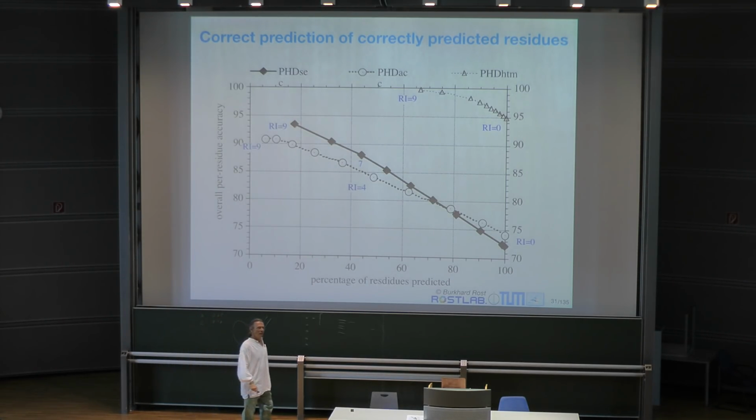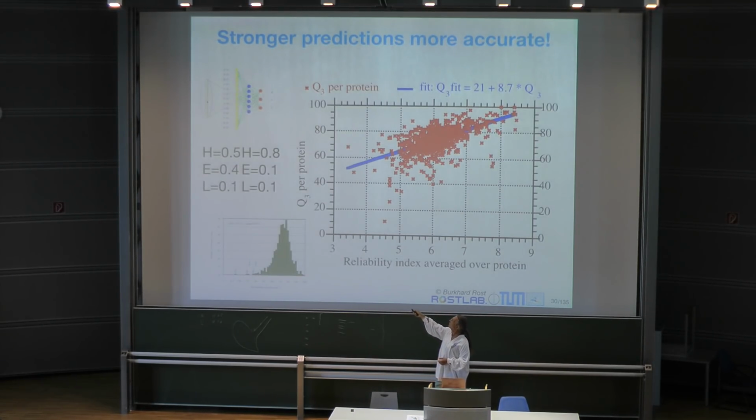Okay? So the strength of the prediction, the probability of the prediction, almost a straight line, completely correlates with performance. Again, the strength of the prediction is not something for which you need to know the structure. For every single case that you will predict tomorrow, you will have this strength available.